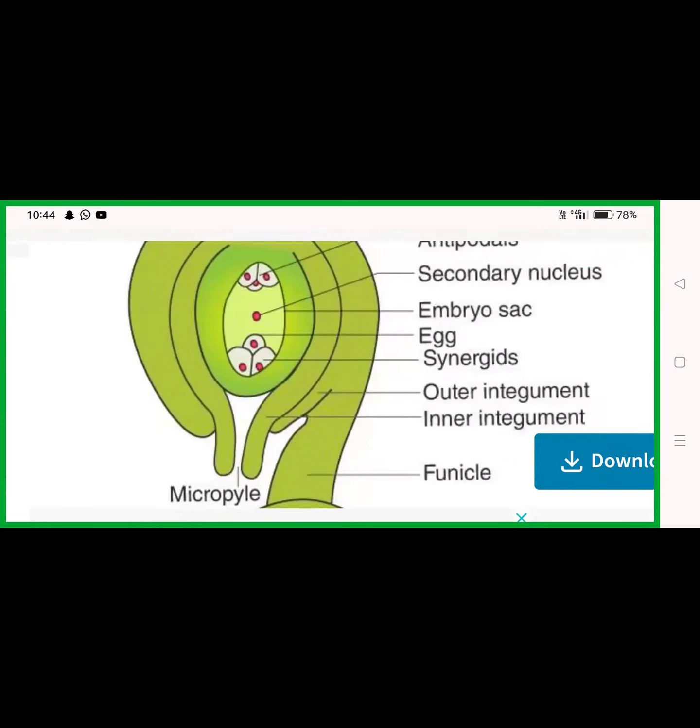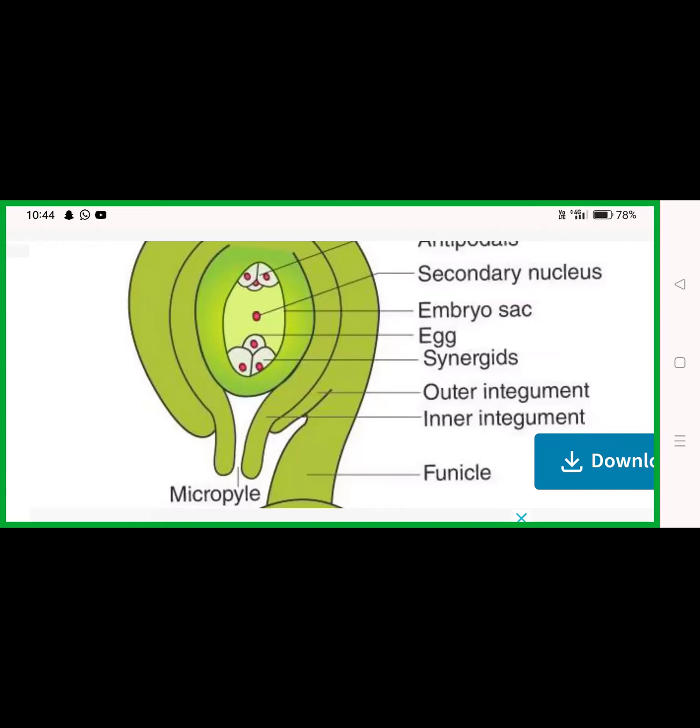Next, coming to parthenogenesis. It is the process of embryo development in which egg cells develop into an embryo without fertilization. It's very important. Sometimes in our entrance exams, polyembryony, parthenogenesis, and apogamy are very important terms.